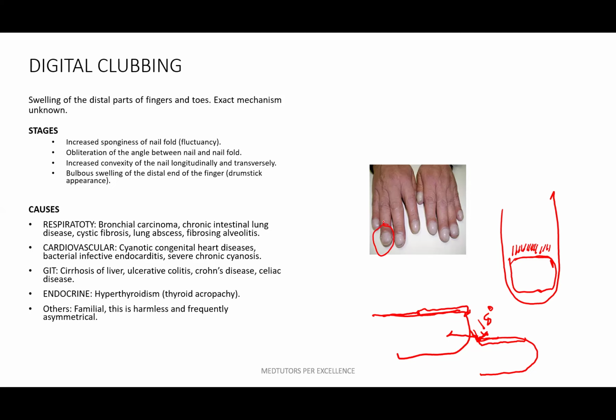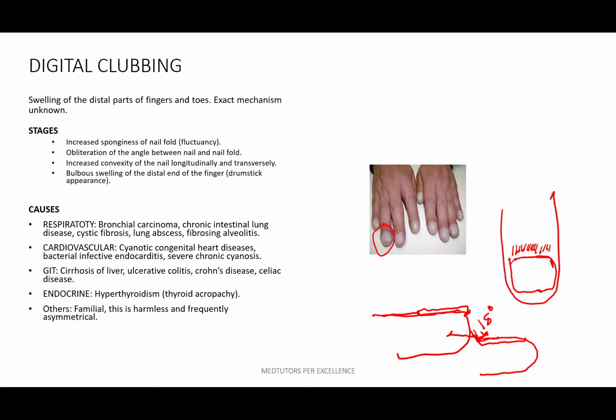Stage 4 is bulbous swelling of the distal end of the finger, just like a drumstick. It is called drumstick appearance. And stage 5 is osteoarthropathy, because that is seen on X-ray, not as a clinical manifestation.